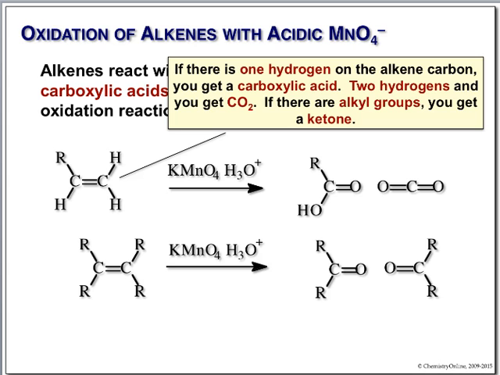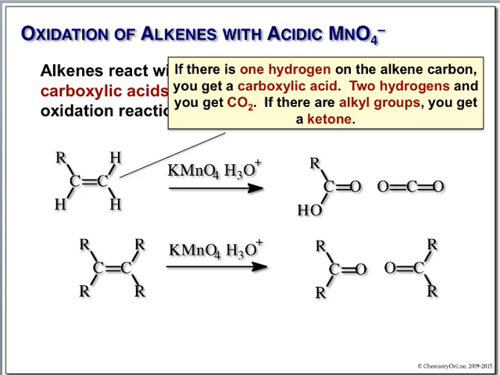So think about the same logic here. Split your double bond and say, okay, if this was ozonolysis, what would I get? I would get an aldehyde, and I would get an aldehyde. But it's permanganate. That's a strong oxidant.